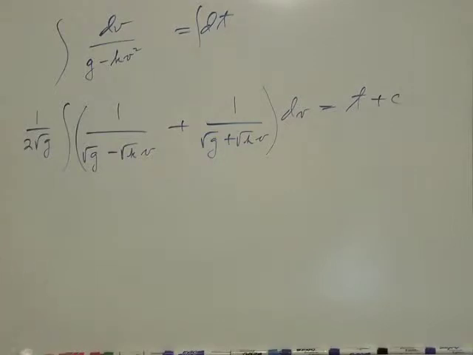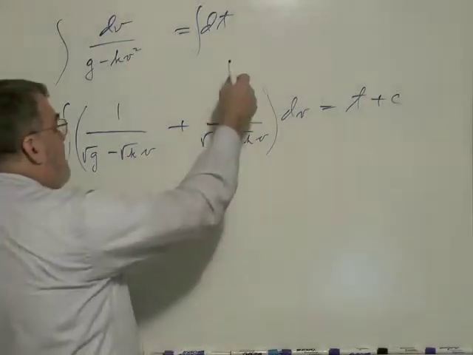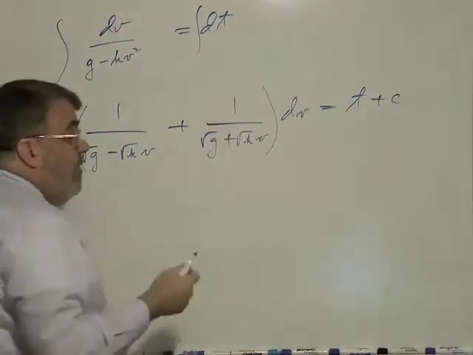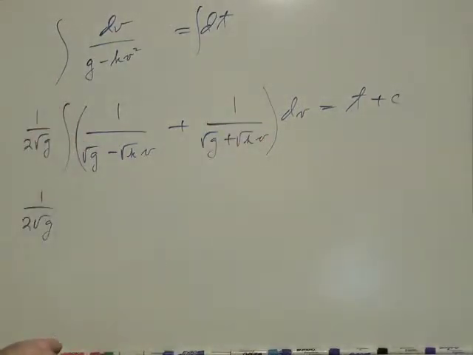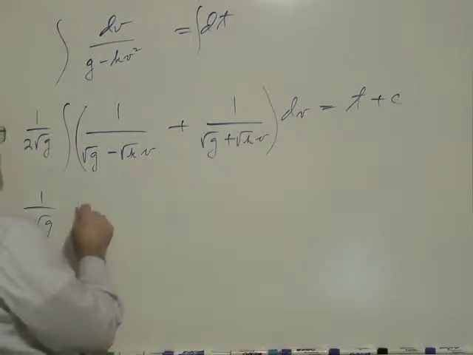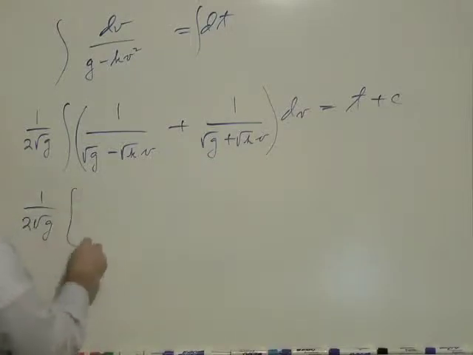Okay, so let's go ahead and integrate this thing, and I've got 1 over 2 square roots of g. And then here, these are both logarithms, aren't they? Because they have the du over u or dv over v form.